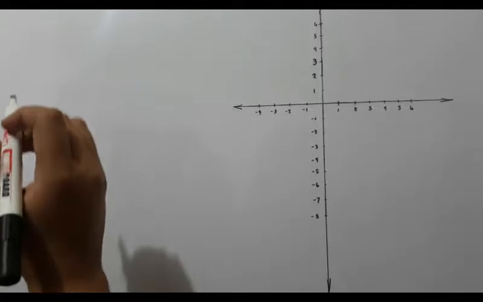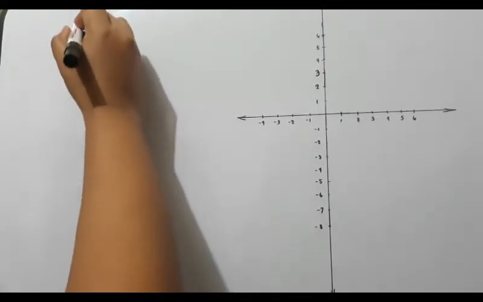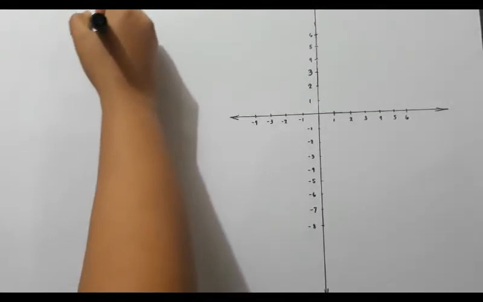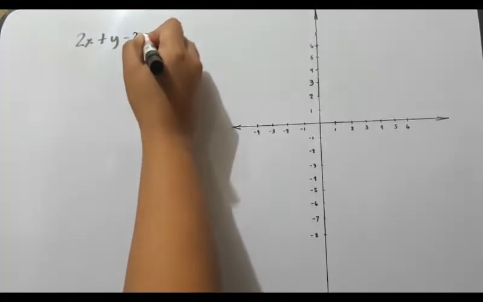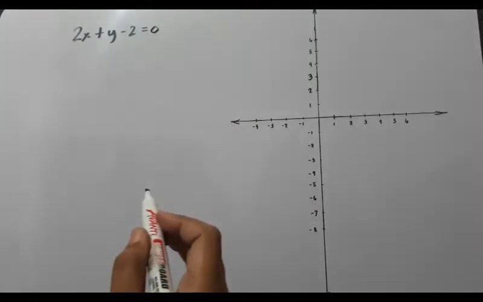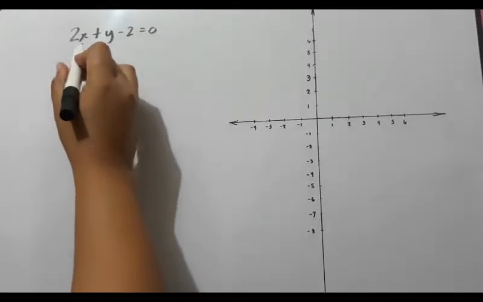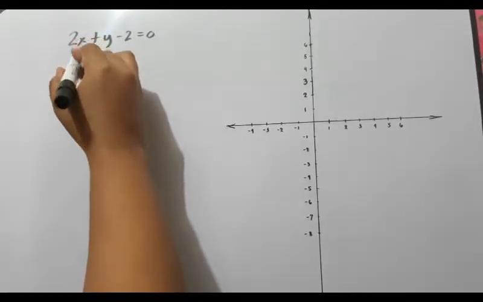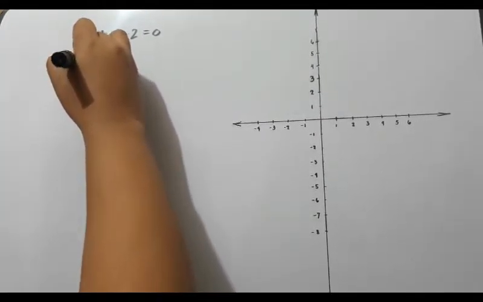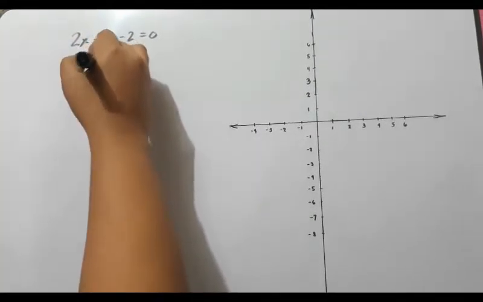Now let's have another example. I have here 2x plus y minus 2 equals 0. Since this is not yet in the slope-intercept form, let's go ahead and transform this equation to its slope-intercept form.